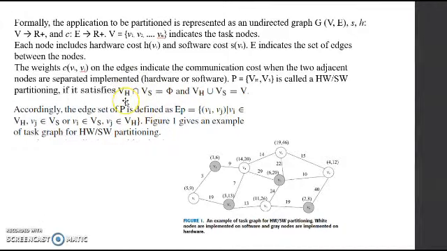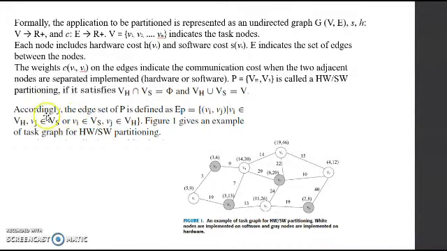So like, that's obvious, the VH stands for the hardware vertices. So VH intersection VS is equal to null, and VH union VS is equal to V. So these two conditions are satisfied. So P is equal to (VH, VS) is called a hardware software partitioning.